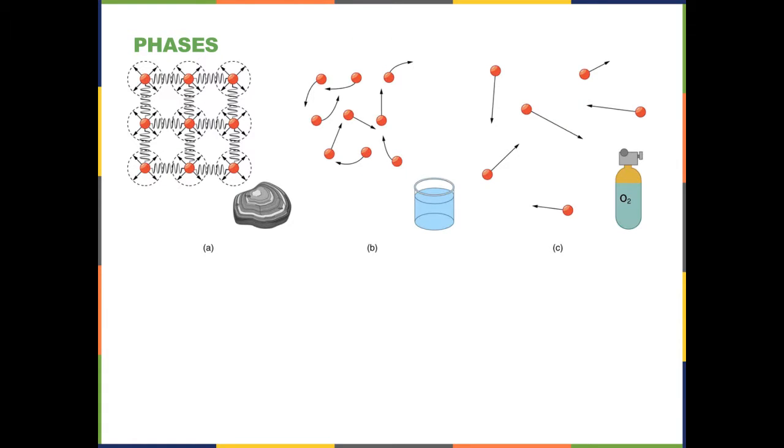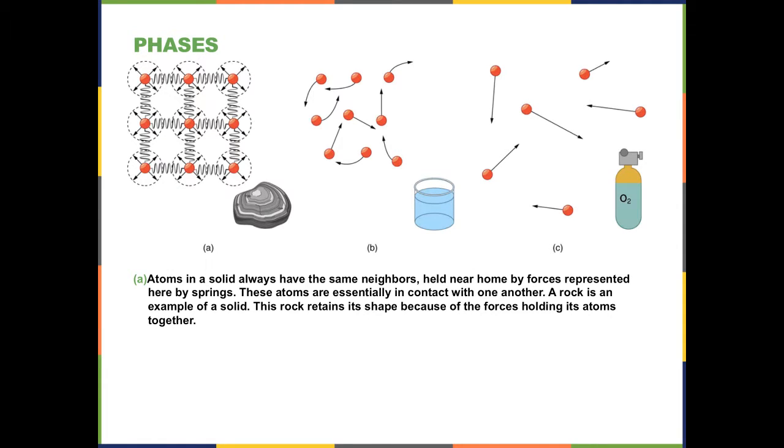So let's take a look at some of the factors that impact how various materials act in this universe. Now on the left here we have atoms in a solid, and you will notice that because of the way that the bonding forces have been set up, the atoms in a solid always have the same neighbors.